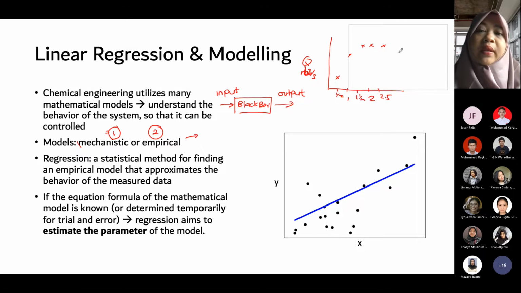So we want to make sure what the behavior of this correlation is between the valve and the flow rate of the water coming out from the valve. So we have to make a model.